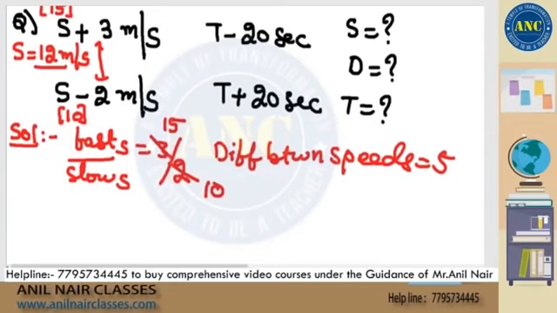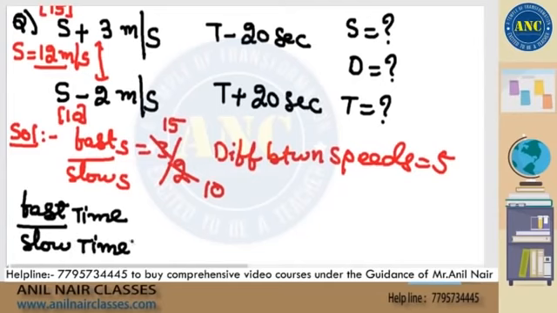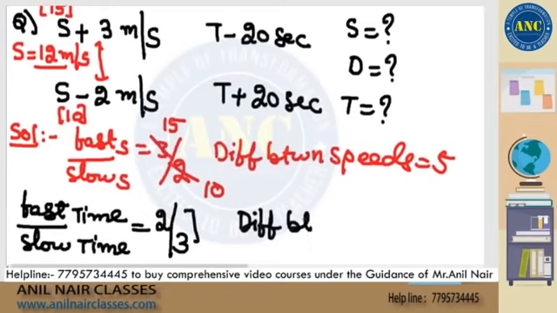Next, if I take time periods, listen carefully. Speed and time are inversely proportional to each other. Faster time by slower time. Speed ratio is 3:2. Speed and time are inversely proportional, so 3 by 2 will become 2 by 3. Difference is 1. Observe the question. Difference between time is nothing but 40 seconds.